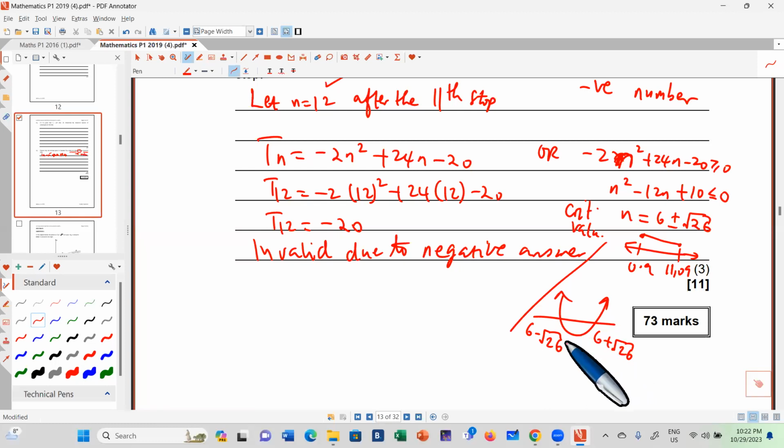You look at where this is less than or equal to 0. Equal to 0 means you shade here, less you go down, greater you go up. So when is this less or equal to 0? When n is between the critical values.